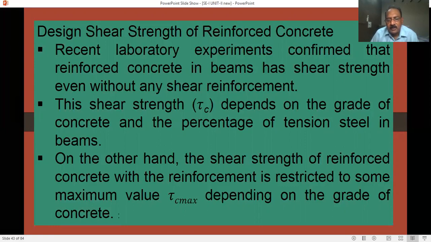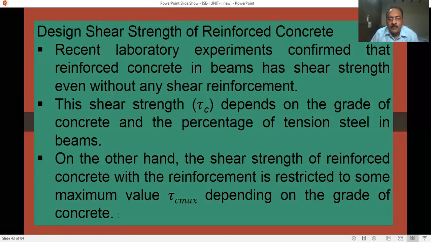Even if you go for M40, which is enough, you have to provide minimum vertical or inclined shear reinforcement in the form of stirrups.